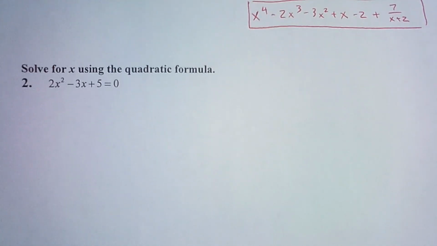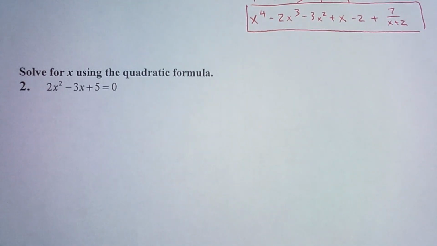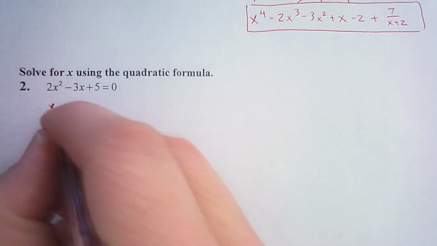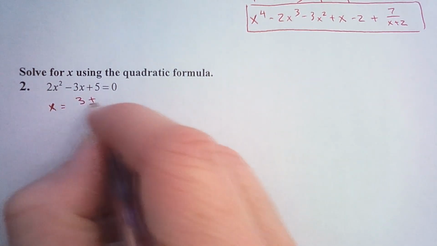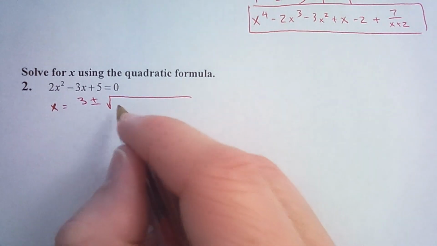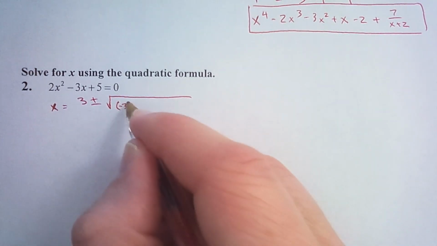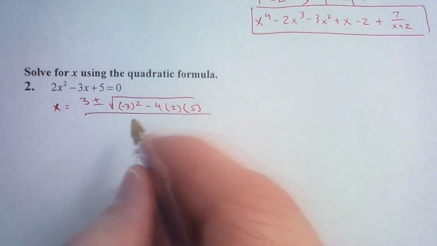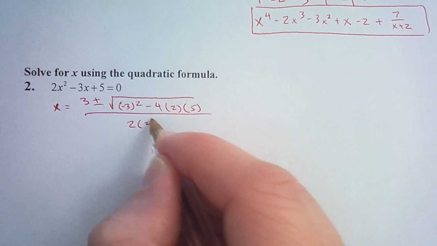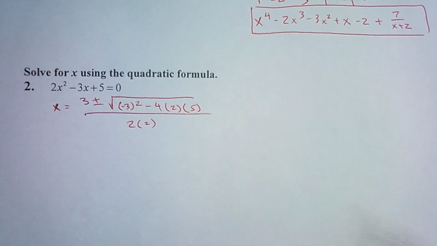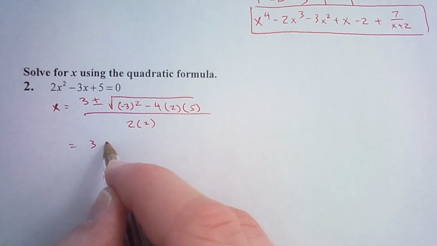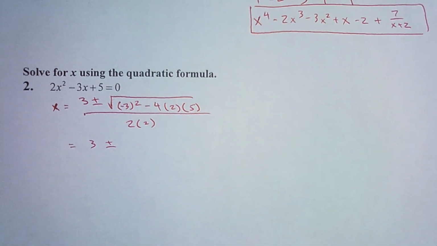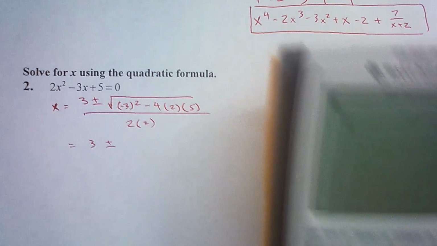Next we are going to solve this quadratic using the quadratic formula. So x equals the opposite of b plus or minus the square root of b squared minus 4 times a times c, all over 2 times a. So I have 3 plus or minus, and then we can use our calculator if we need it to evaluate what's underneath the radical.